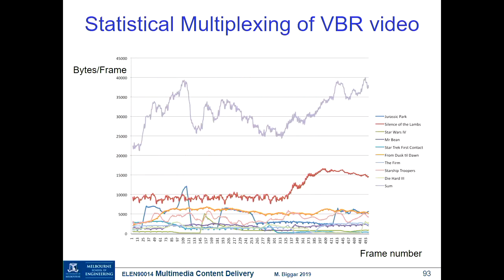So this illustrates the statistical multiplexing thing. So this is the result of obtaining many of those trace files, as I showed before for Jurassic Park.